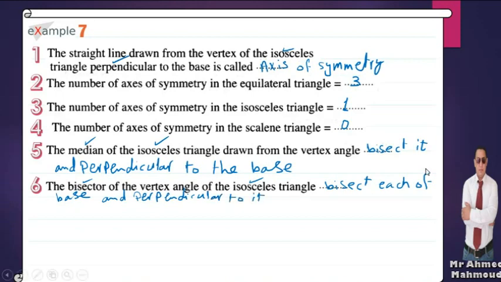Of course, each of, again, it bisects the base and is perpendicular to it.